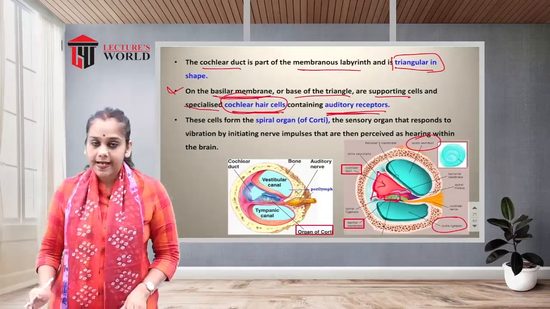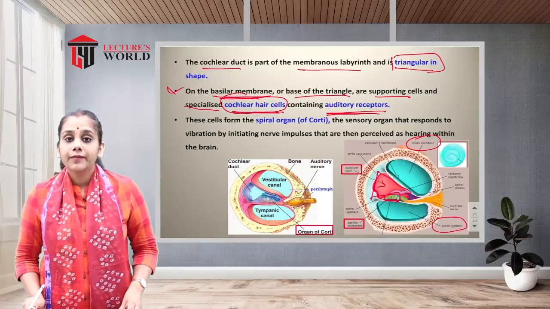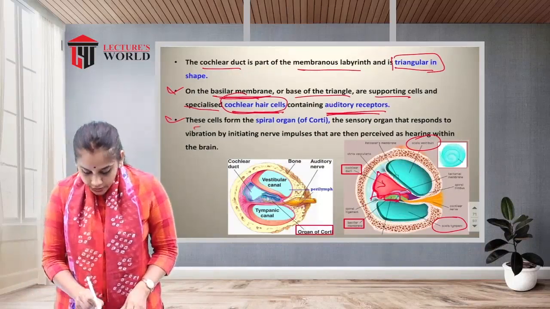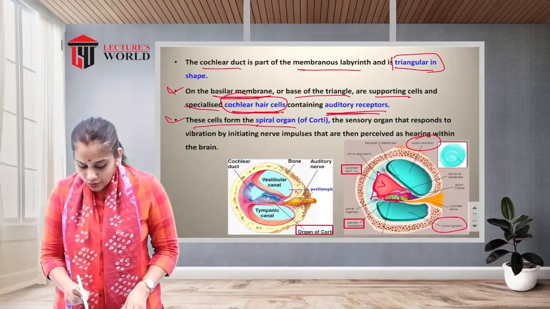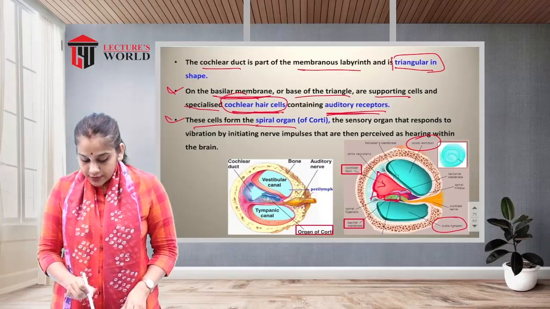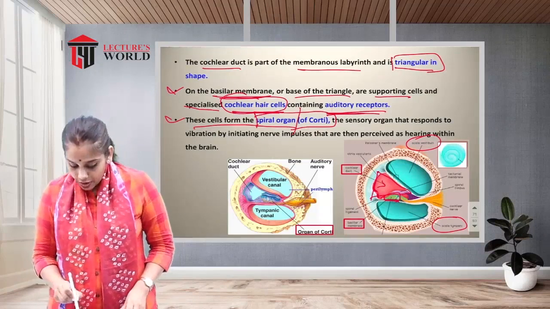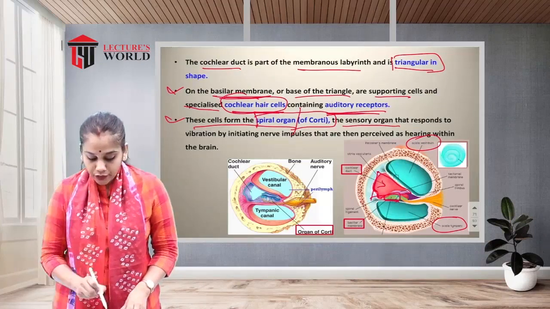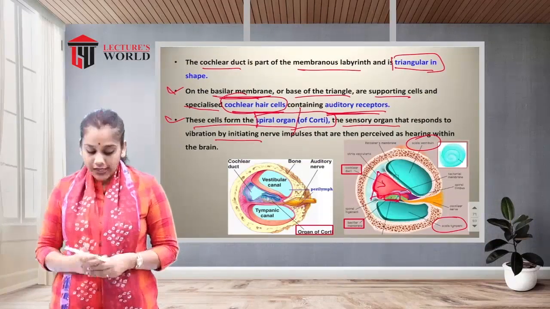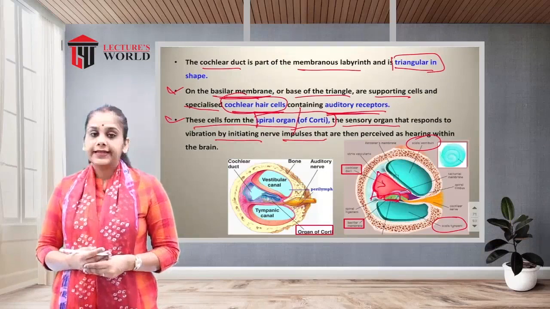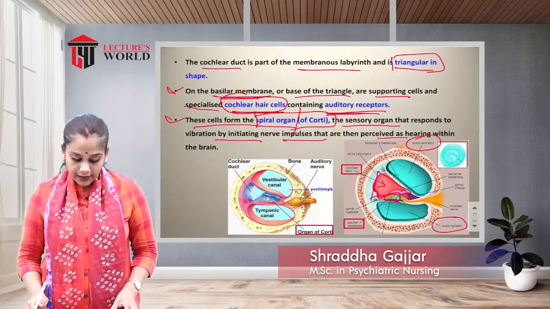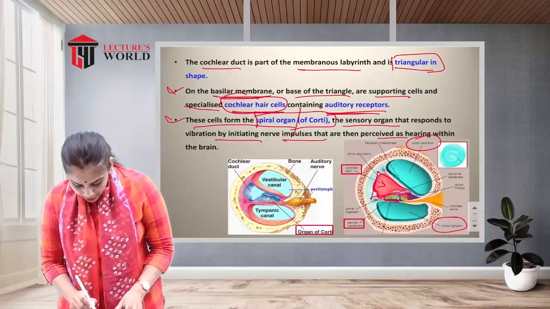So hair cells are located on the basilar membrane. These cells form the spiral organ of Corti. The organ of Corti is the sensory organ that responds to vibration by initiating nerve impulses that are then perceived as hearing within the brain. You can see this is the organ of Corti.